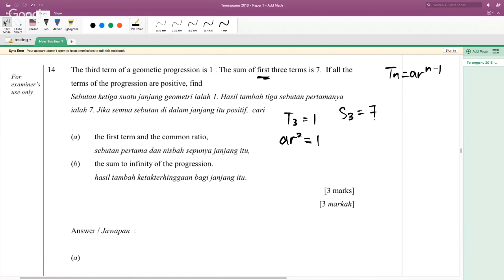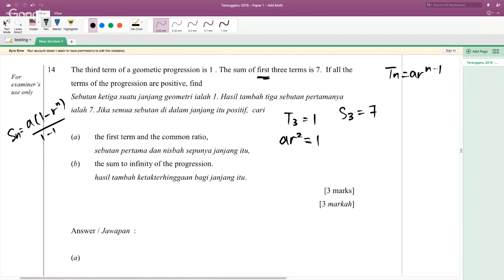Even if less than 1, we will still get positive. I thought positive was trying to give us a hint, but in this case, it's just not. So I will just assume, okay, maybe r is bigger than 1. I don't know. Which formula do you like? Choose one of them. So yeah, we just try and see.